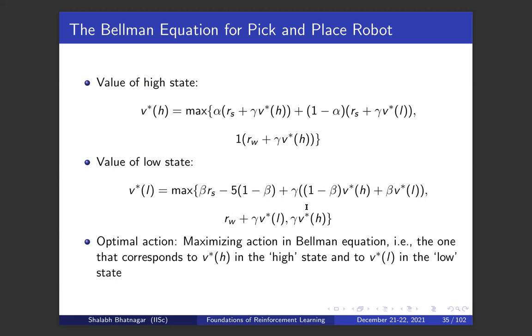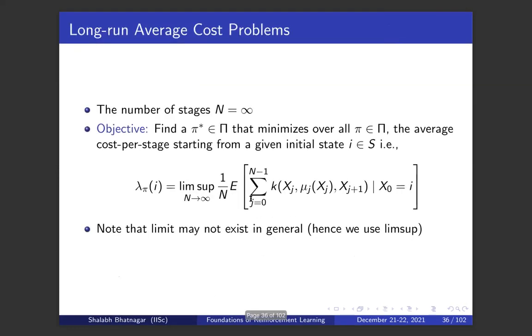You need to take the maximum over all of these. Sorry, whose value is this? So let's say this is a maximization problem, wherein you are assigned rewards or costs. So the value of the low state, and the high state.